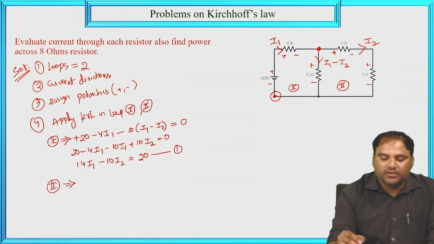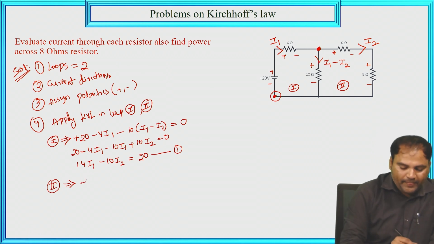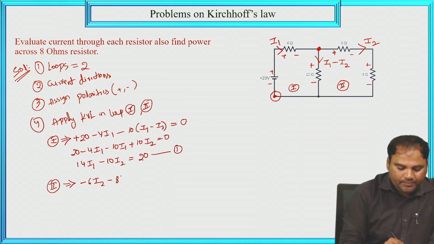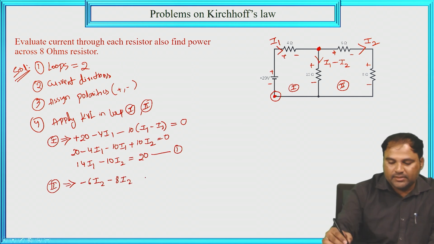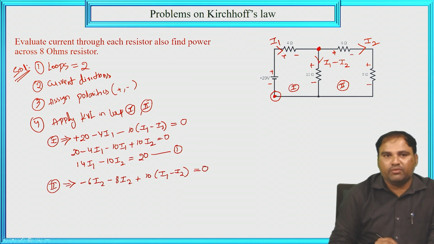At this node point, the second polarity is minus, so minus 6I2, and at 8 ohm minus 8I2. Next, the current at this node point is in the upward direction, meaning plus 10 into (I1 minus I2), and there are no more elements, so it should be equal to 0.